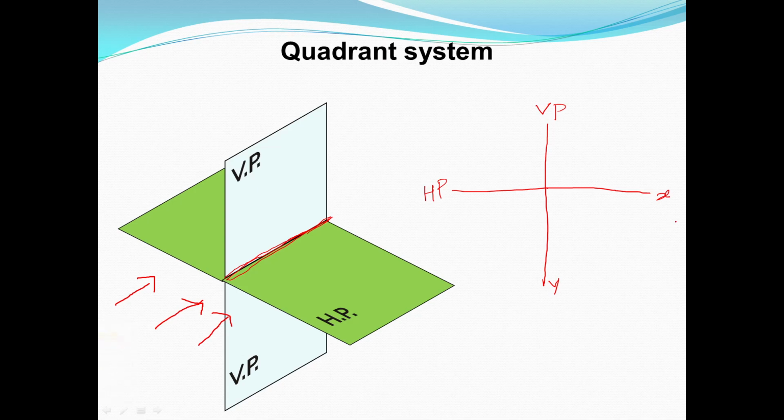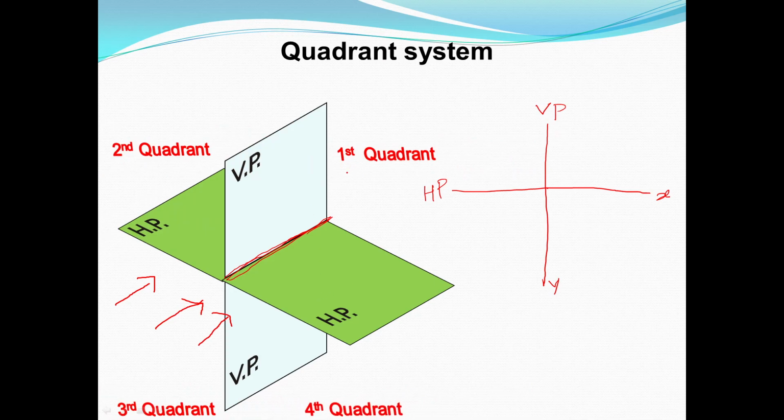We'll see which space exactly is called the first quadrant. This is the horizontal plane, this is the vertical plane.